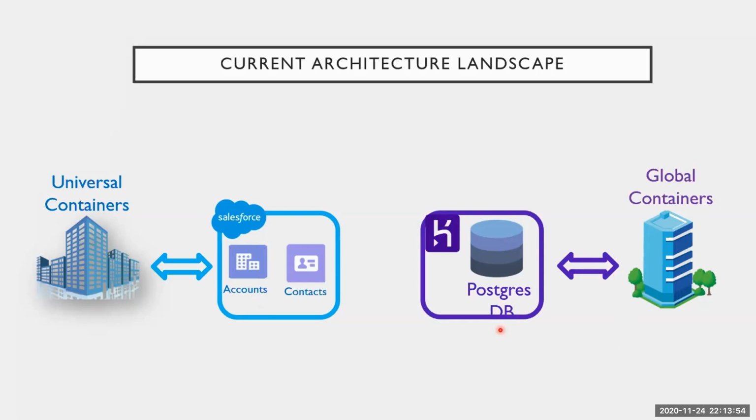So here we, as developers, consultants and architects, came into the picture and we have to solve this particular problem. What do we have to do? We have to make sure that all the accounts available on the UC side are visible to Global Containers, and whatever accounts are in the on-premises Postgres database should be visible to Universal Containers.